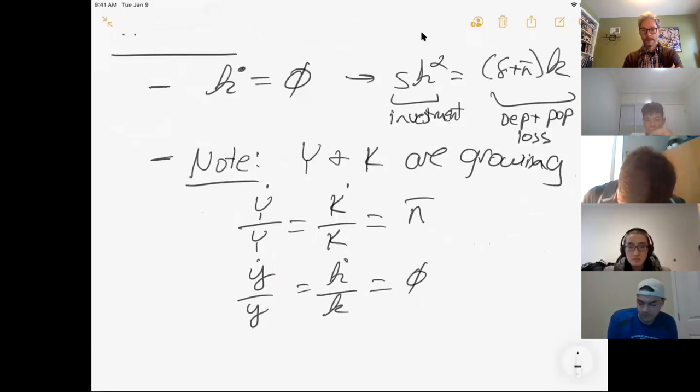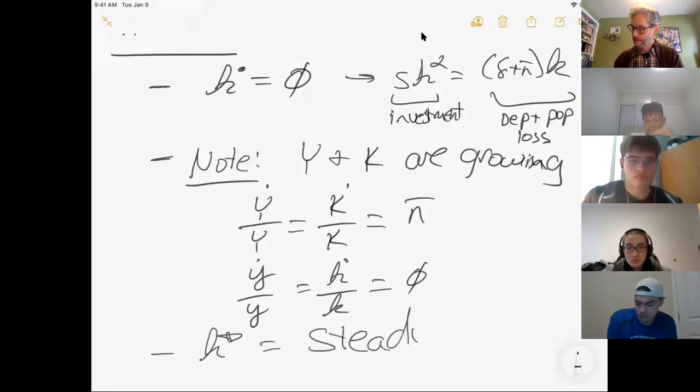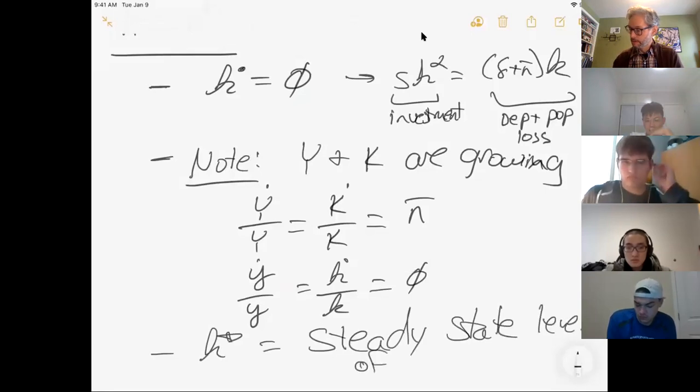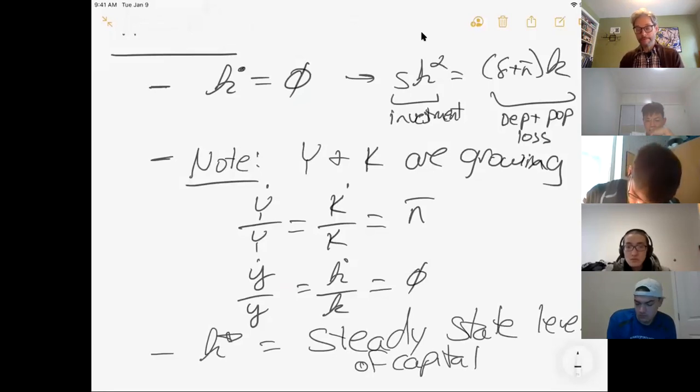Okay? This is what we call a steady state. We'll call this a steady state level of capital. When you get to this level of capital, you're in a steady state, meaning that per capita output and per capita capital are steady over time.